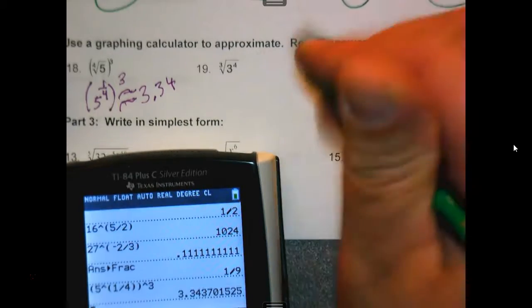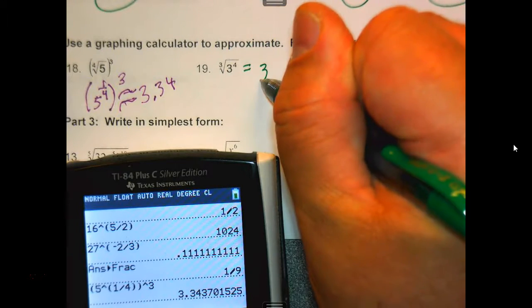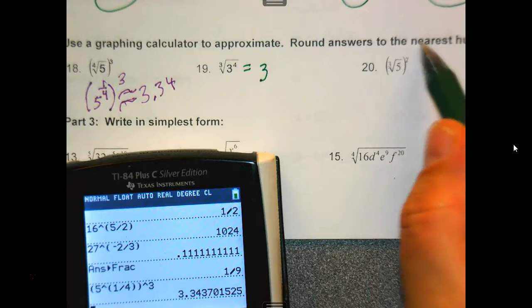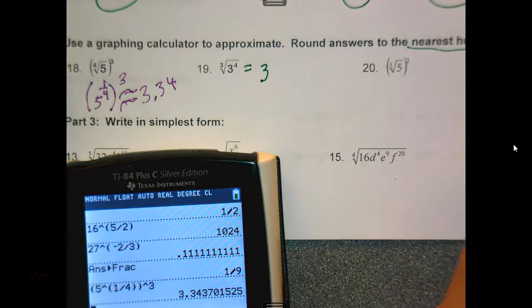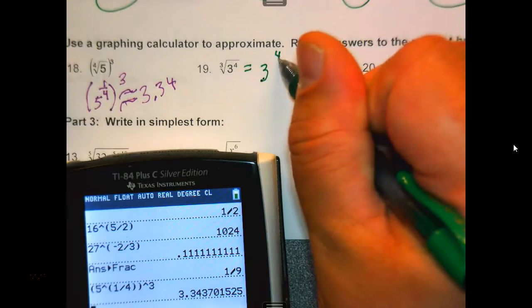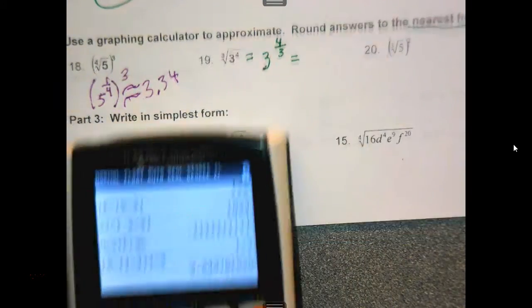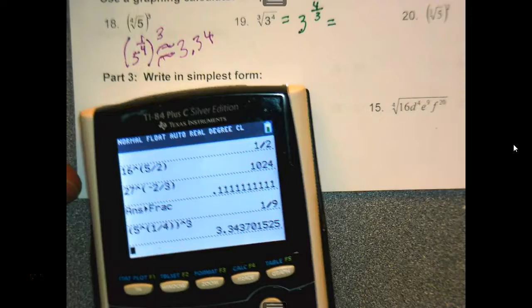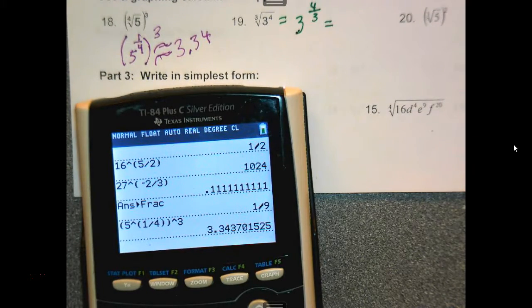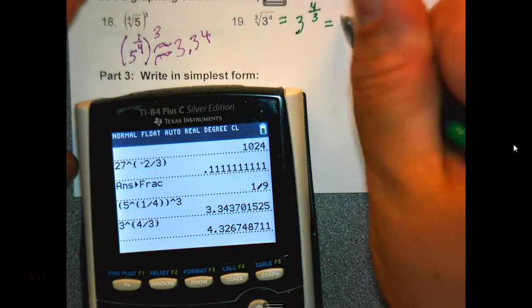Okay, put this in rational form. Base. Yeah, they want it in decimals. Okay. So I got base 3, exponent 4, root 3. Put that in your calculators. See, base 3 raised to the 4 divided by 3. 4.33.